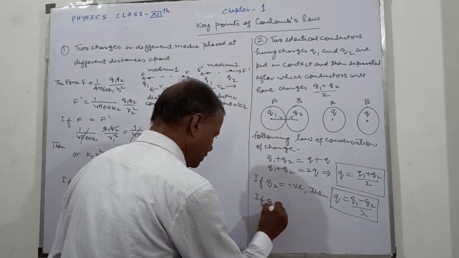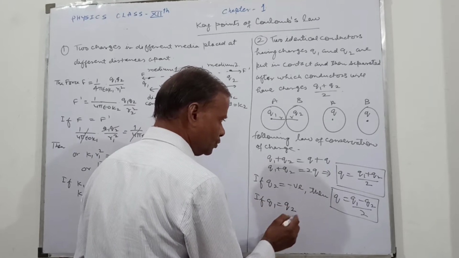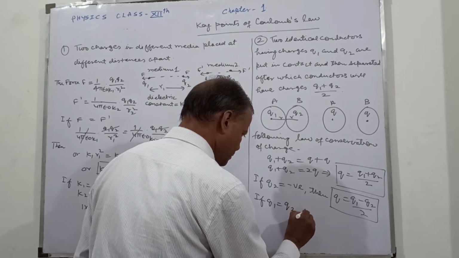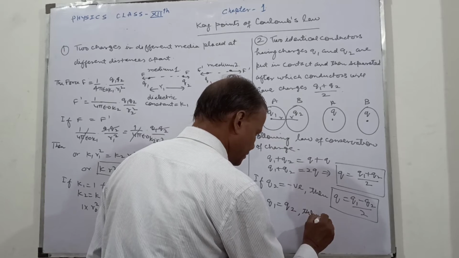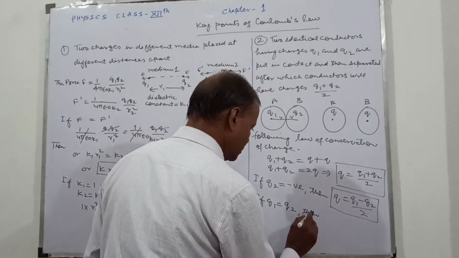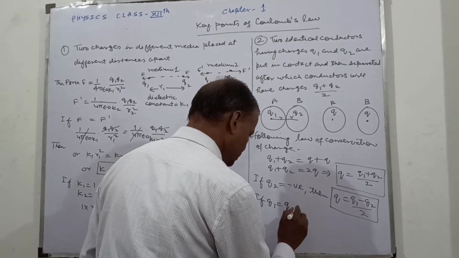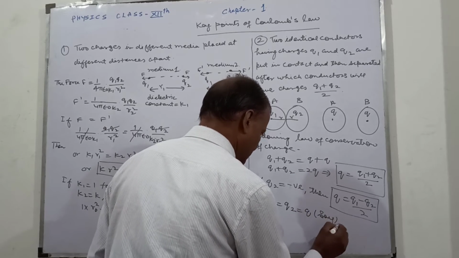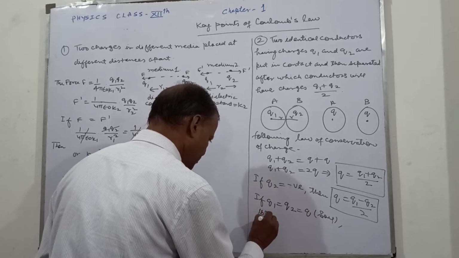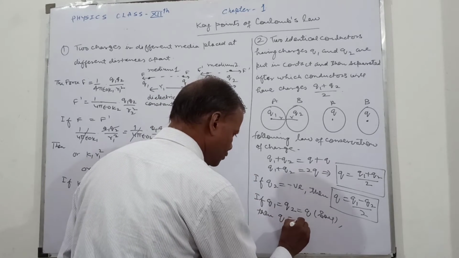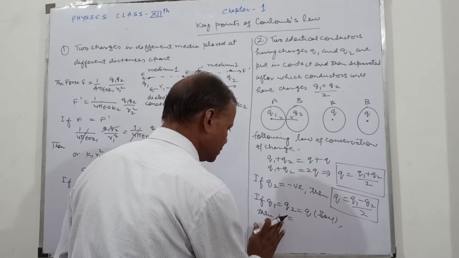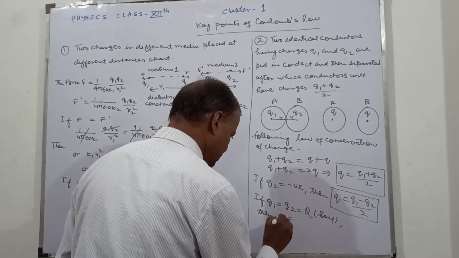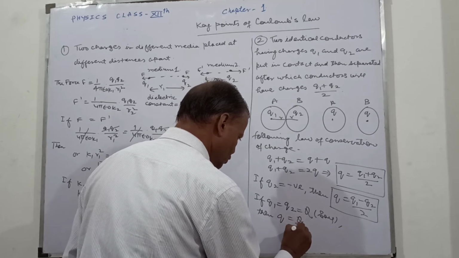If Q1 is equal to Q2, then Q is equal to Q1, that is, Q is equal to Q2.